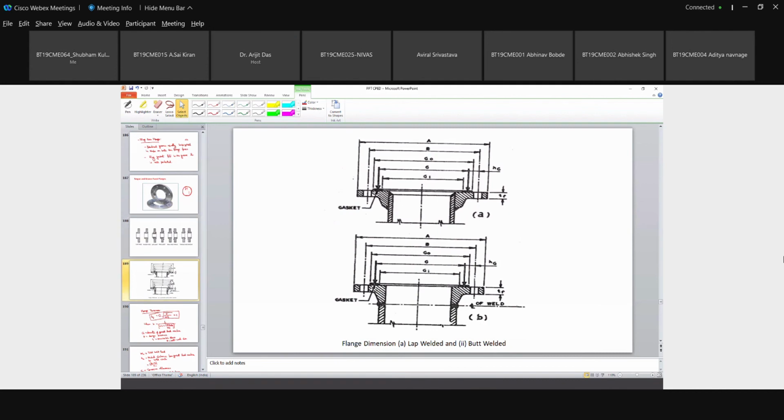So this is the class, and I think I have covered almost 85% of your syllabus in CPED. I have enough time for the problem solving, and I will take the viva of individual students.